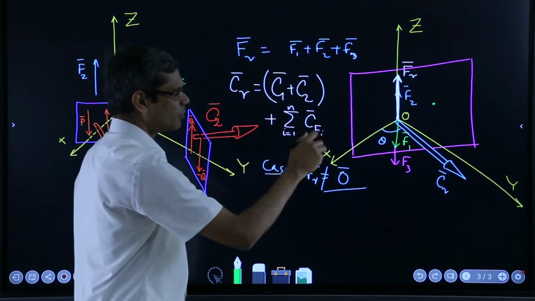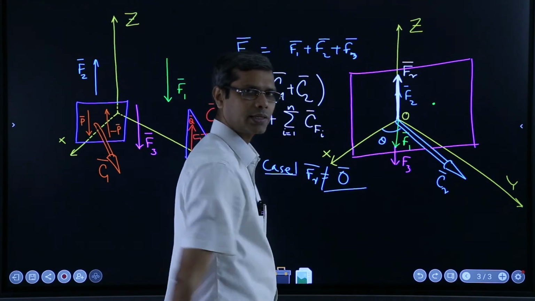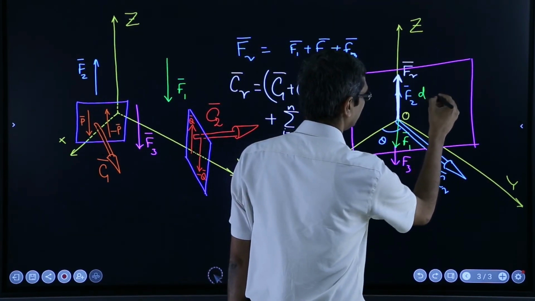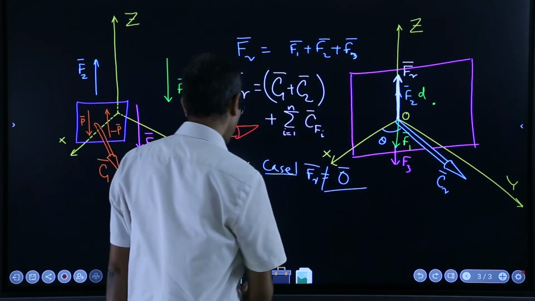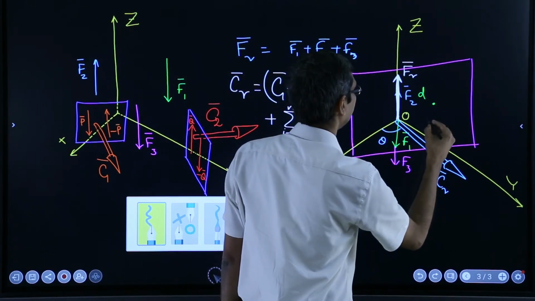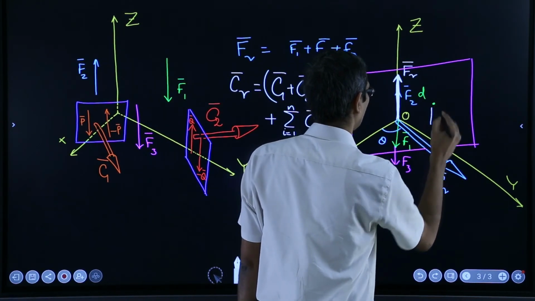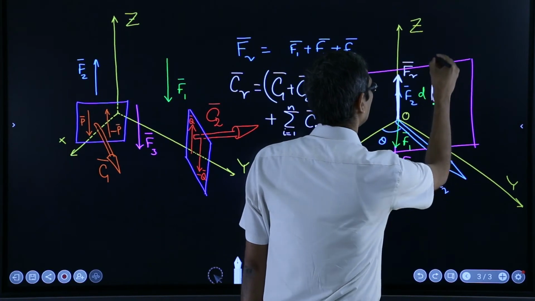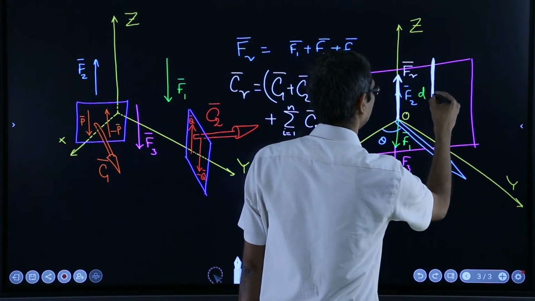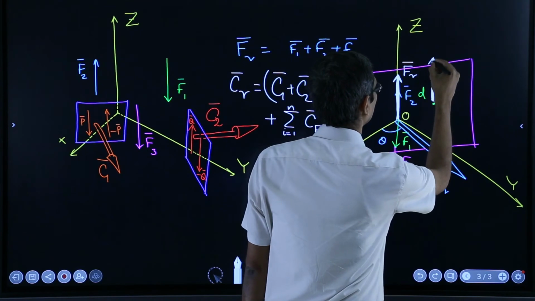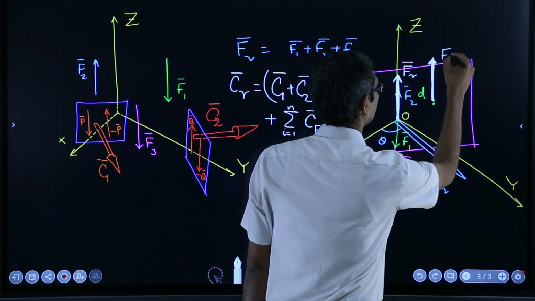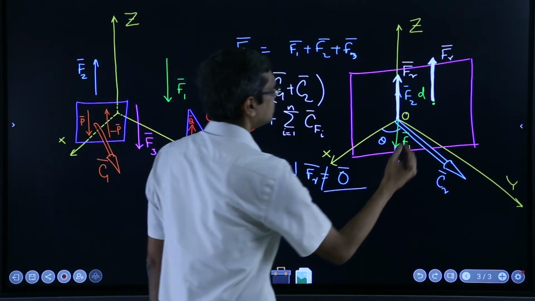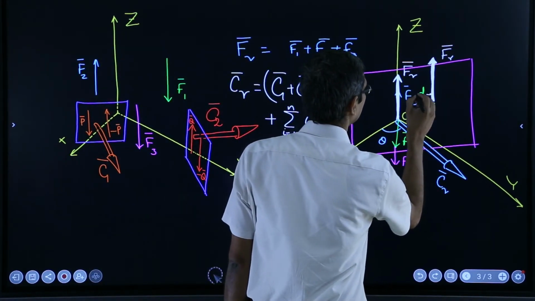I'll create a couple moment which will be in the opposite direction. Say this distance is d. Because the line of action doesn't matter, I have moved the force somewhere here. So this is now the new position of Fr with a distance d here.